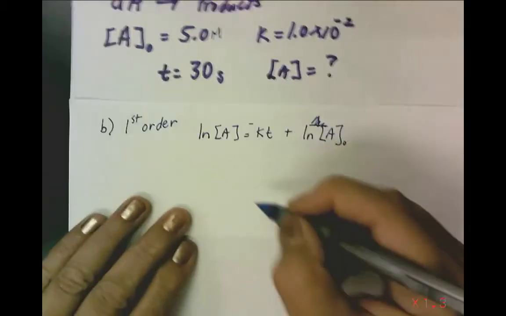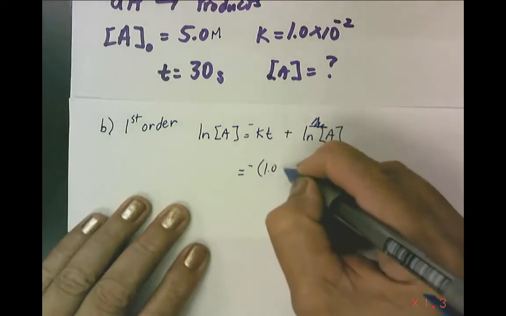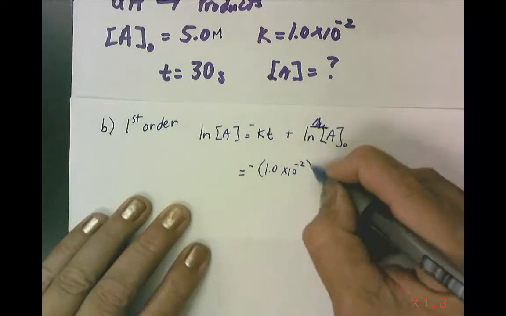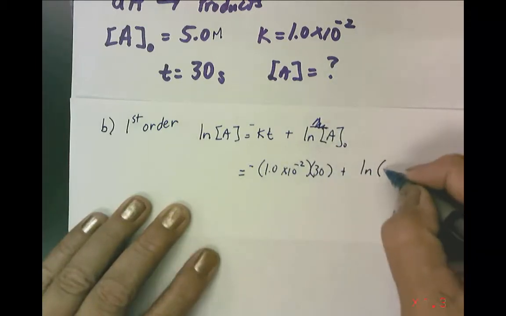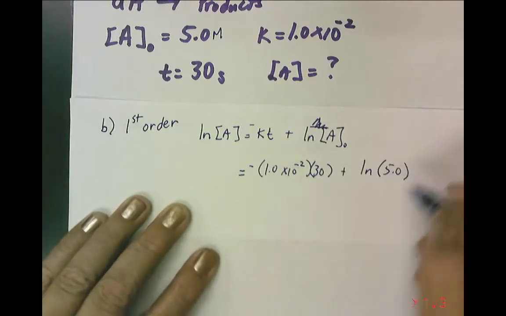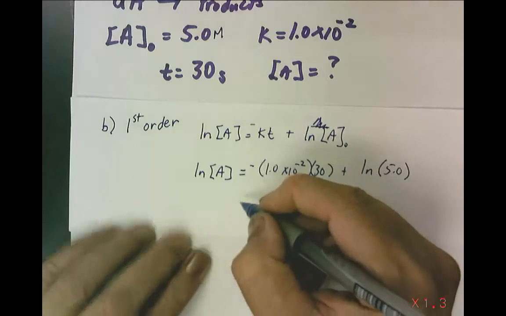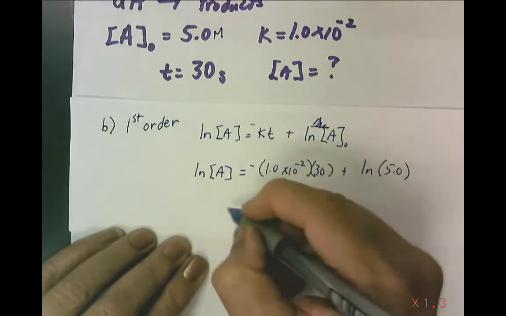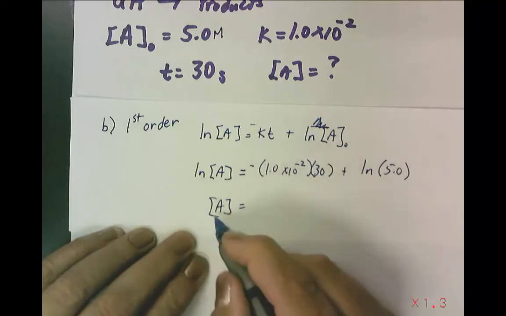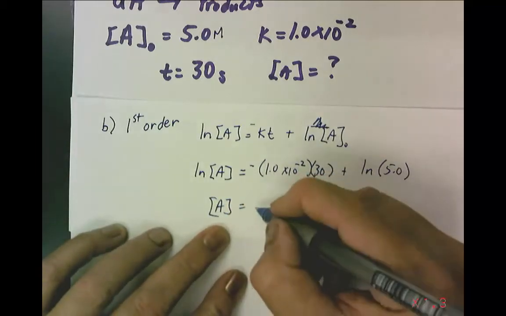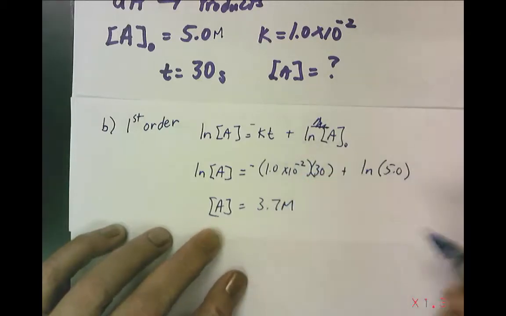Okay, again, popping our numbers in. So we got negative 1.0 times 10 to the negative second times 30 seconds plus natural log of 5. And that's going to give you natural log of A. And so then you have to just get A. So you have to do the inverse of natural log. And that's going to give you 3.7 molar.